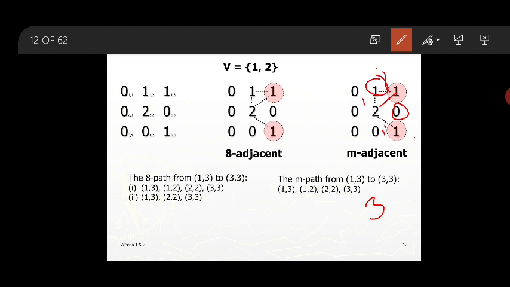No, not like this. Both intersecting pixels, this one and this one, should not be from V. Then only you can have a proper connection, meaning you can make a path. Otherwise, you can't make a path. I hope the point is clear.